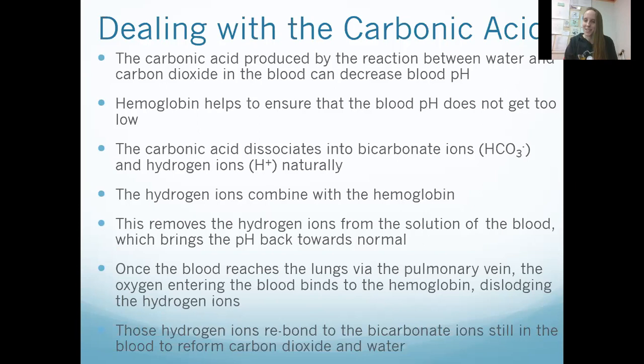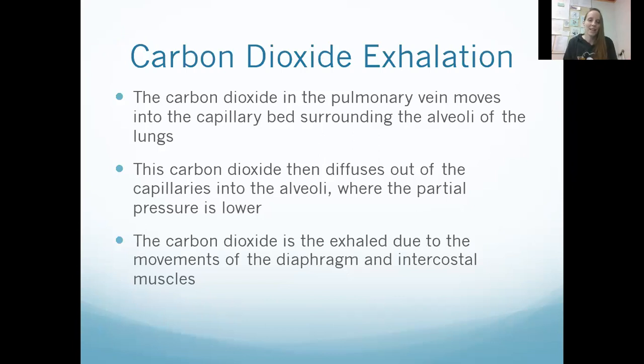And that carbon dioxide is free to be diffused into the alveoli and then breathed out. So carbon dioxide in the pulmonary vein will go into that capillary bed and then diffuse into the alveoli, and then exhaled when the diaphragm relaxes and the intercostal muscles relax.